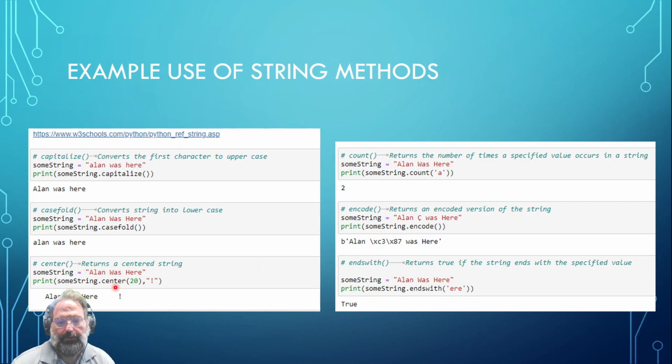You can do center within some space, and then with a terminating string, and then count how many times things occur in code, turns it into a UU encoded sort of safe string. Probably not going to use that unless you're talking to something on the web, and then check to see if something ends with a string as well.